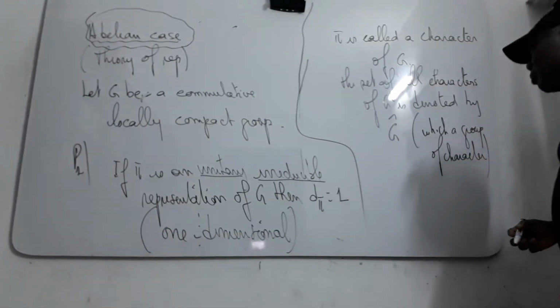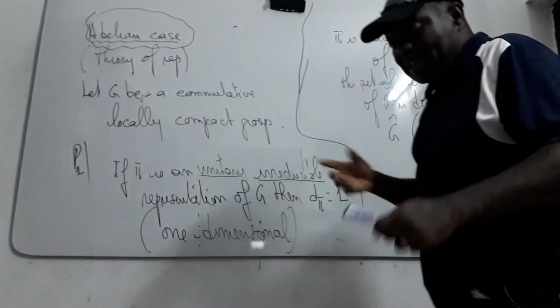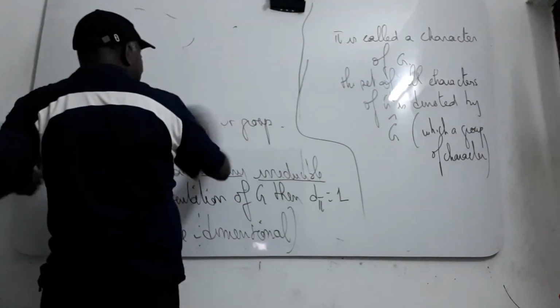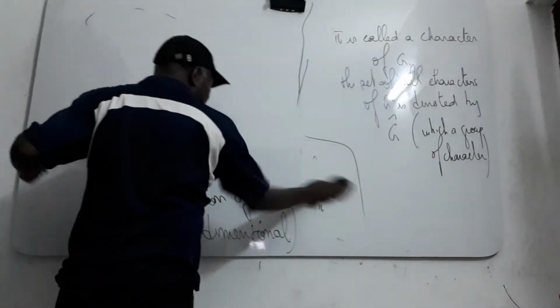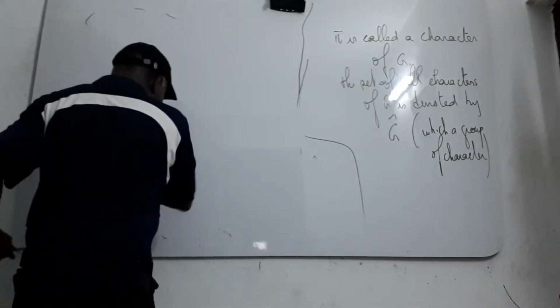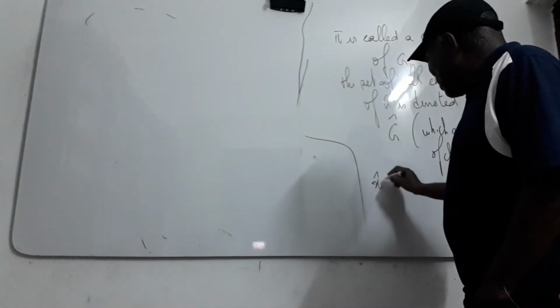The law in the group is very simple. It's also a representation, a map like this.